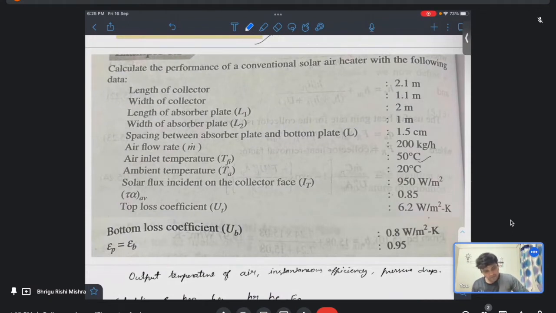The width of the absorber plate is 1 and the spacing is 1.5 centimeters.